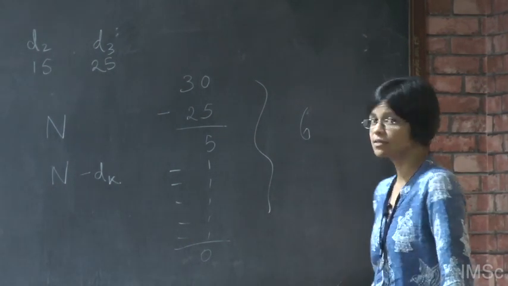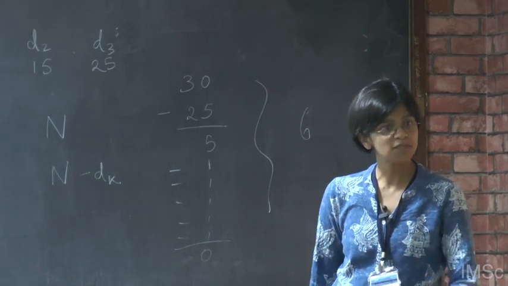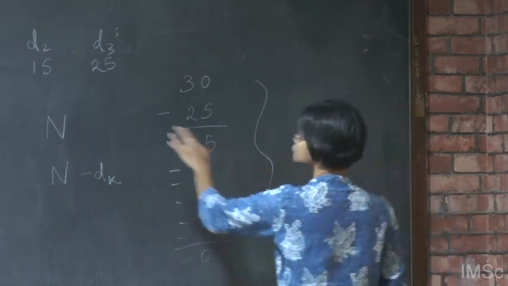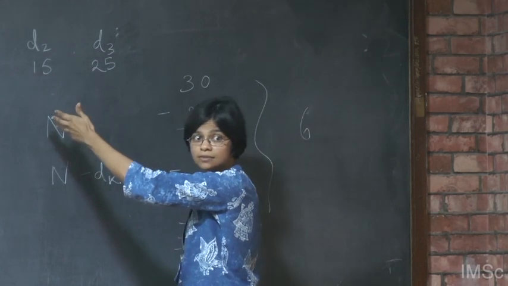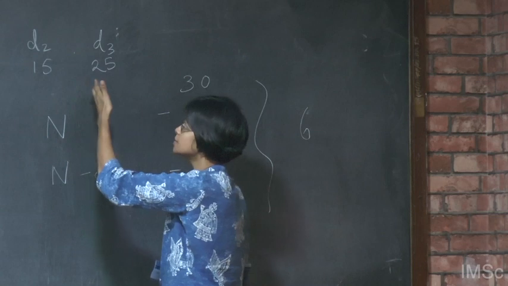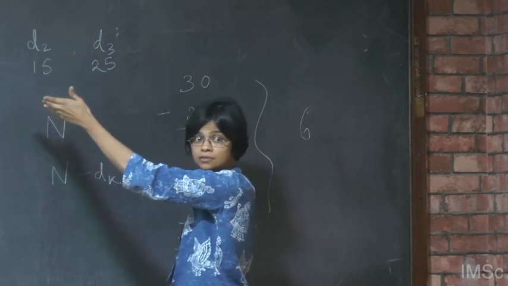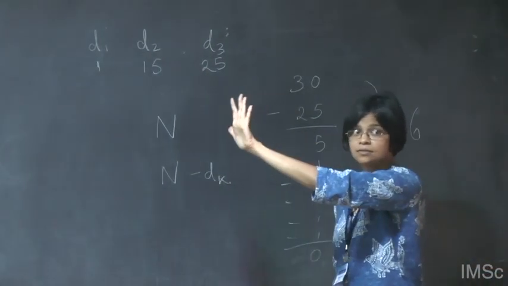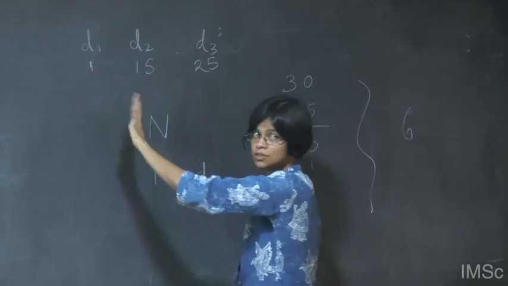But how do you just make that call? Right now you could tell immediately that 15 times 2 was 30, and that is definitely better than giving 5 one rupee notes, right?